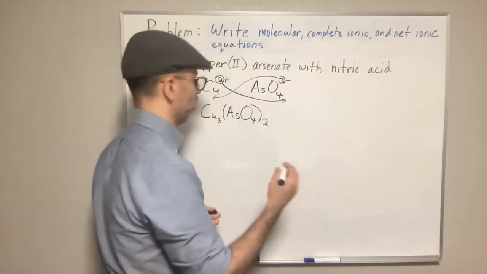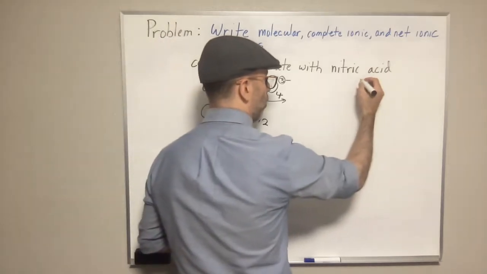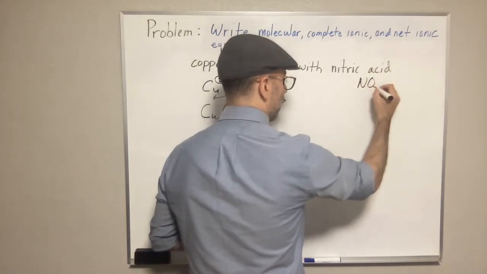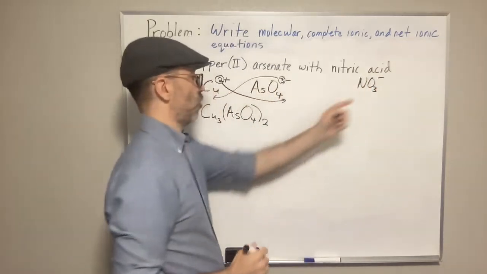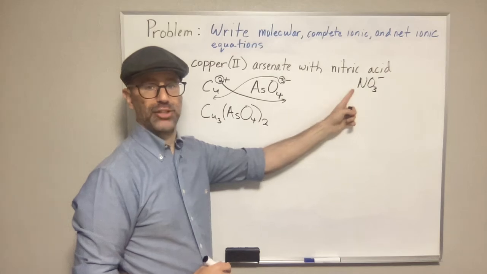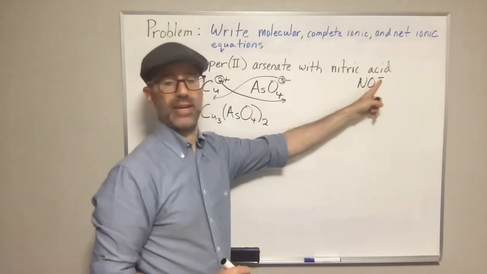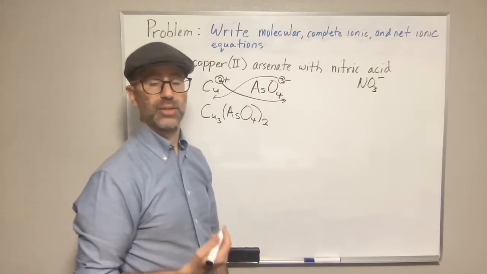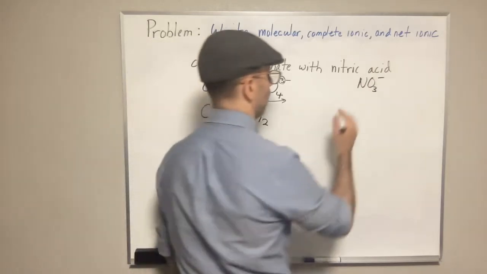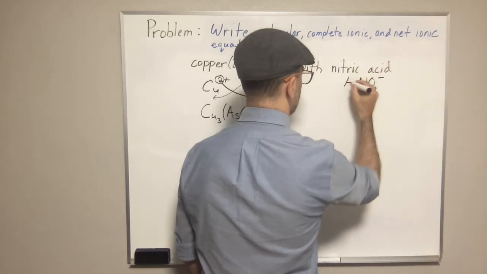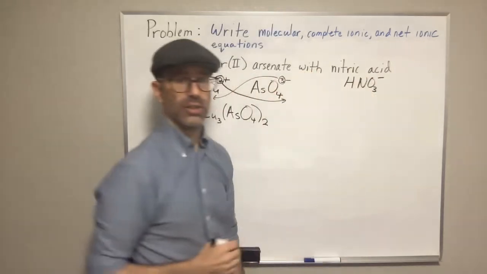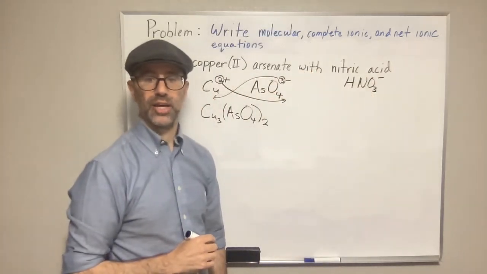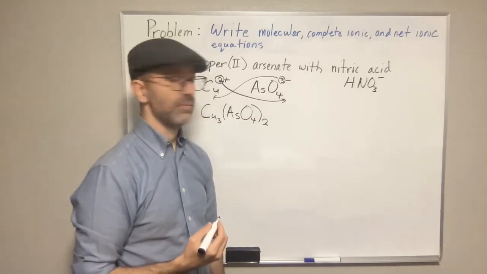So all we're going to do is write our nitrate ion. And so all you do is you add a hydrogen to that to balance the charge, since we have a -1 charge and hydrogen has a +1 charge on it. So all we do is write an H there and we are good.